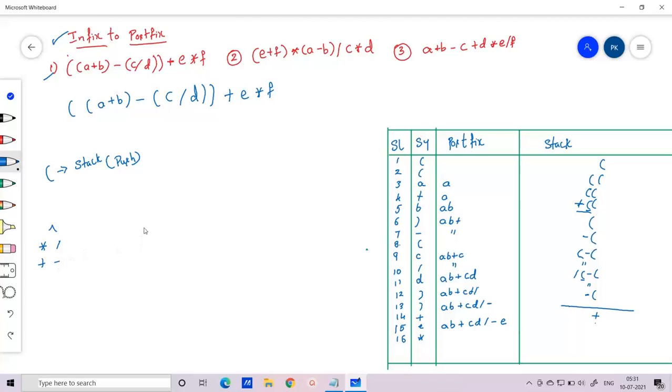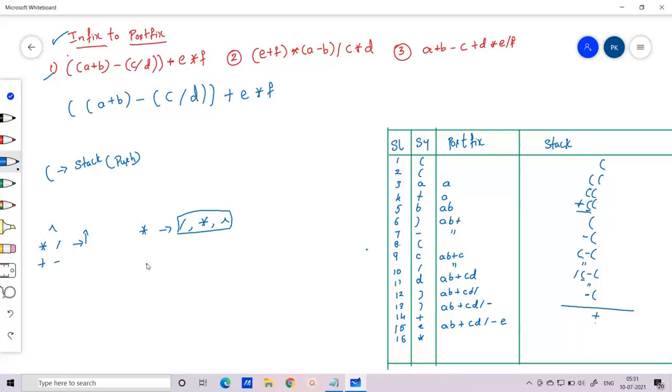So if I find a multiplication symbol, I can remove the operators which are of same or higher precedence. Same in the sense I can remove a divide by operator, a multiplication operator, or an exponent operator, because these have the same or higher precedence.